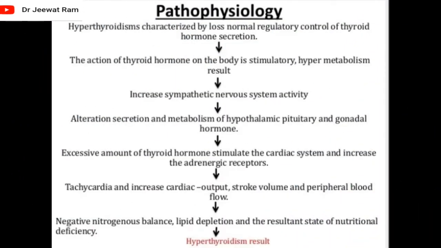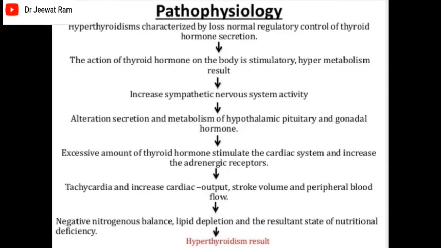Pathophysiology: hyperthyroidism is characterized by lost normal regulatory control of thyroid hormone secretion, which leads to the action of thyroid hormone on the body being stimulatory. Hypermetabolism results: increased sympathetic nervous system activity, alteration in secretion and metabolism of hypothalamic, pituitary and gonadal hormone.